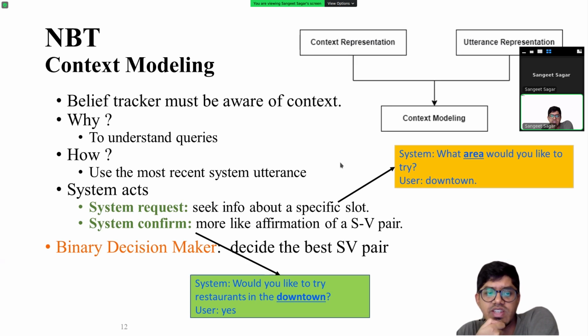So in a system request, the system requests the user for information for a specific slot. So for example, if I ask what area would you like to try, the user must answer the question with a value for the area slot. So he wants to go to downtown. And in case of a system confirm, the system asks the user to confirm the slot value pair using some positive or negative response.